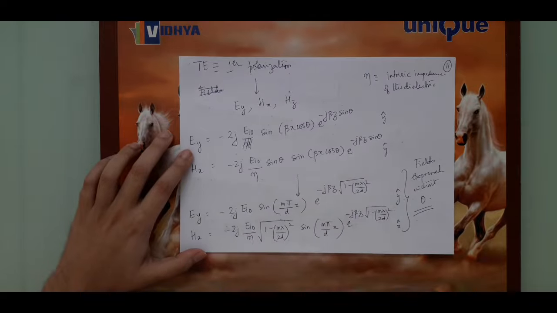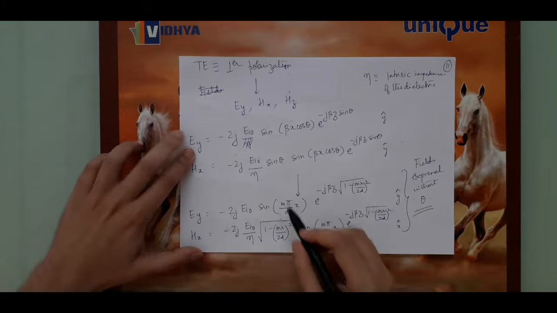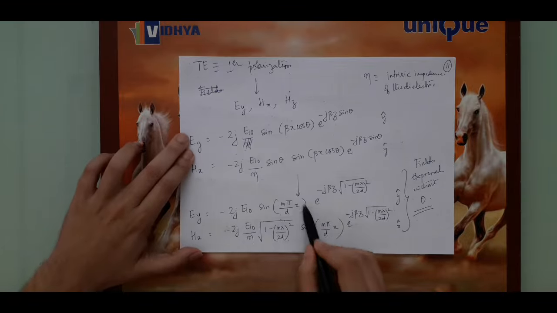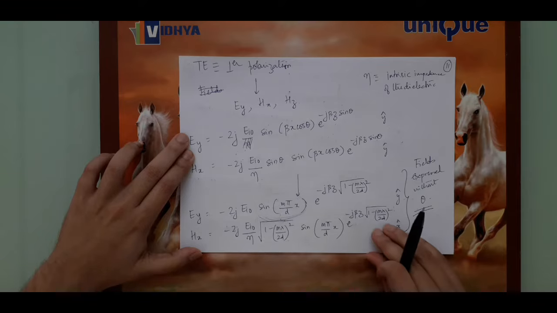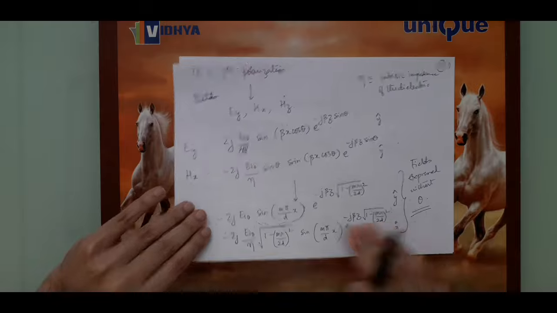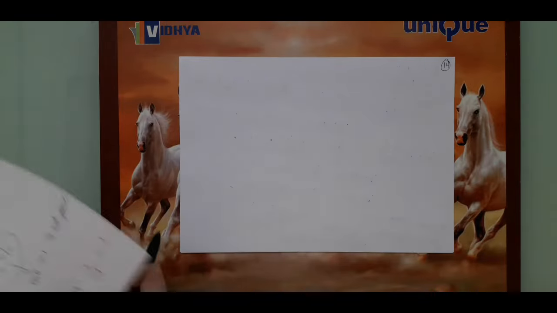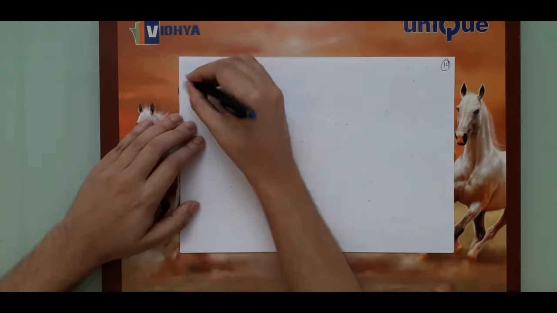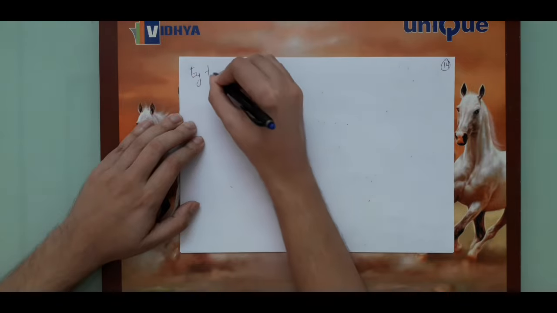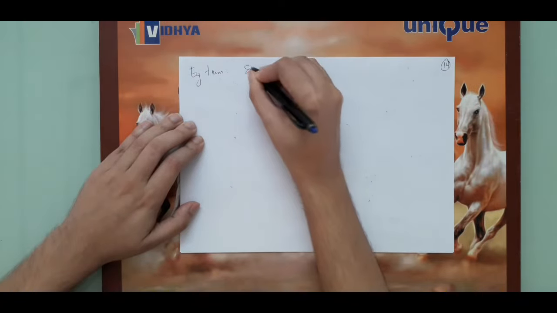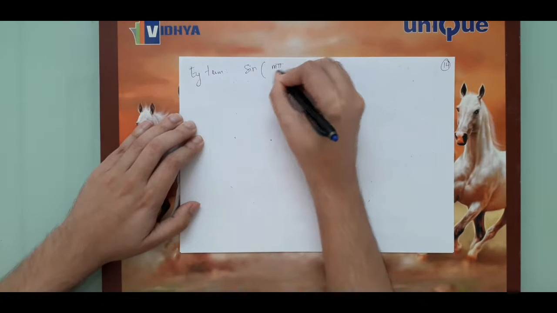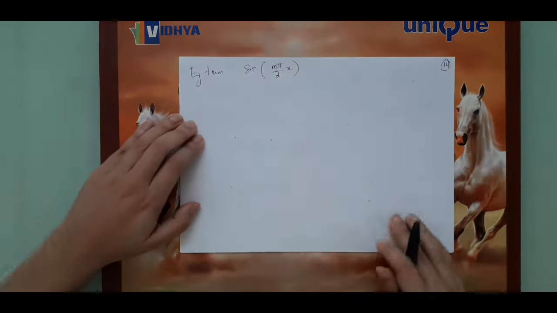So if you look at, let us say, Ey, the term sine of m pi by d times x.